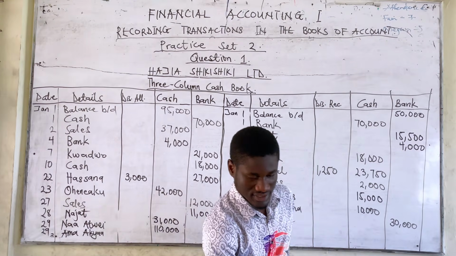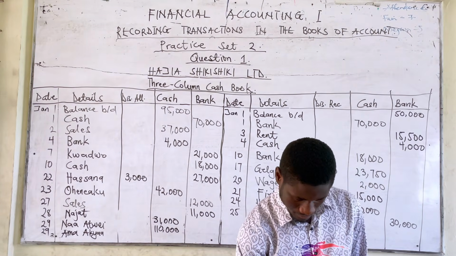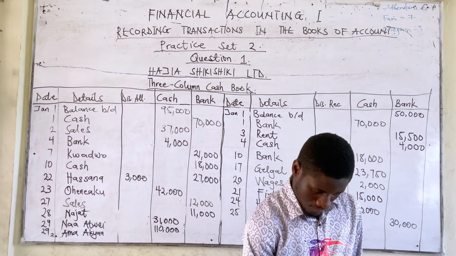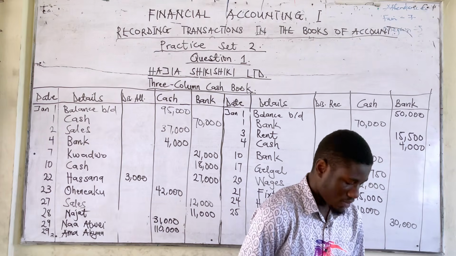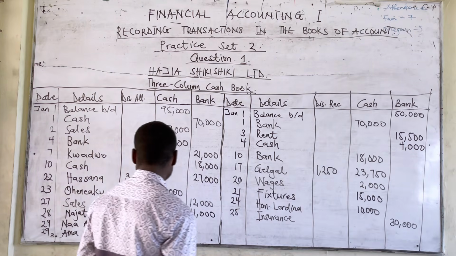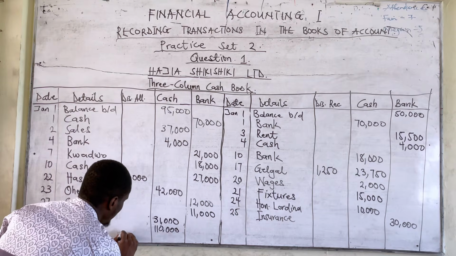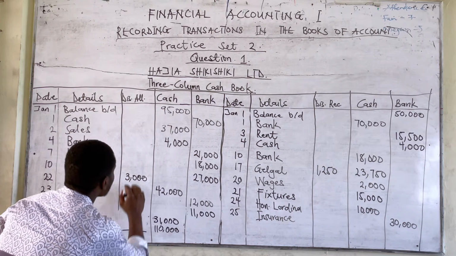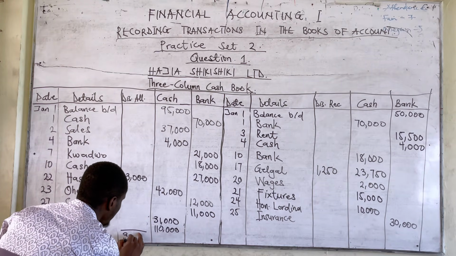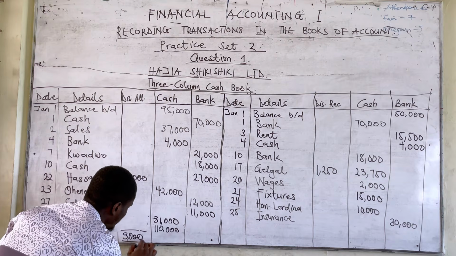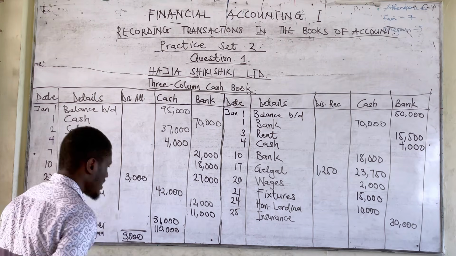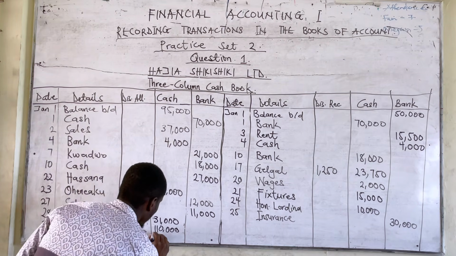Okay. So let's check the amount. Okay. So totally we will see that here has 3,000. There is no balance for the discount. So we are interested in balancing the cash and bank.